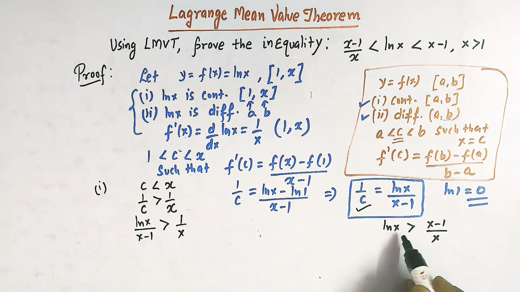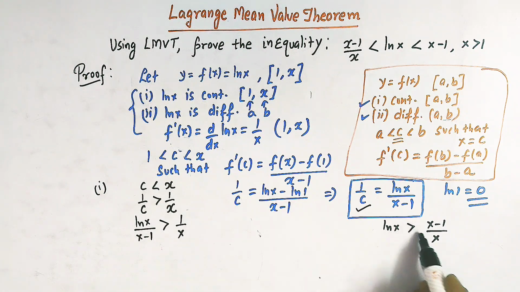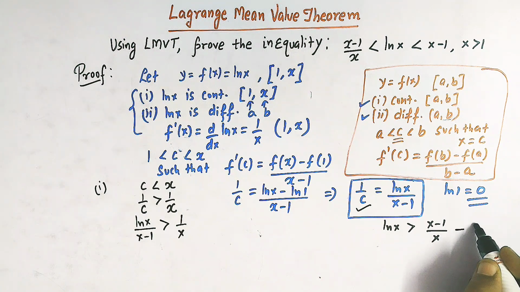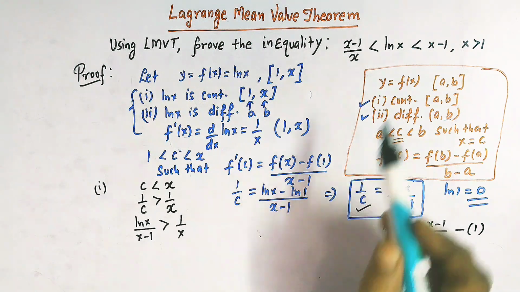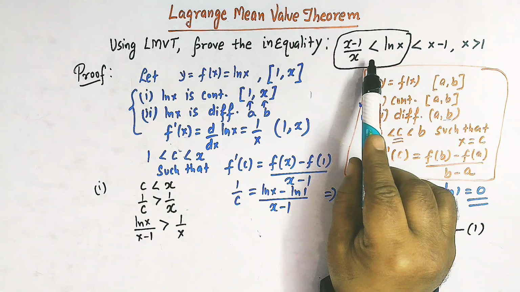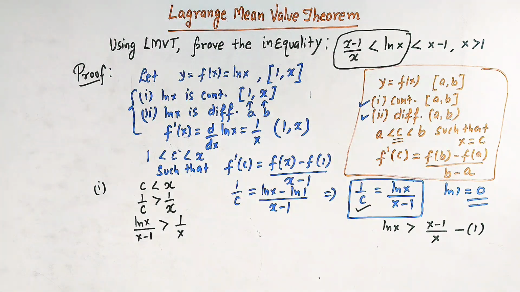So we have the first inequality, that is log of x is greater than (x minus 1) over x. Let us denote this by inequality number 1. So we have proved this part of the inequality.